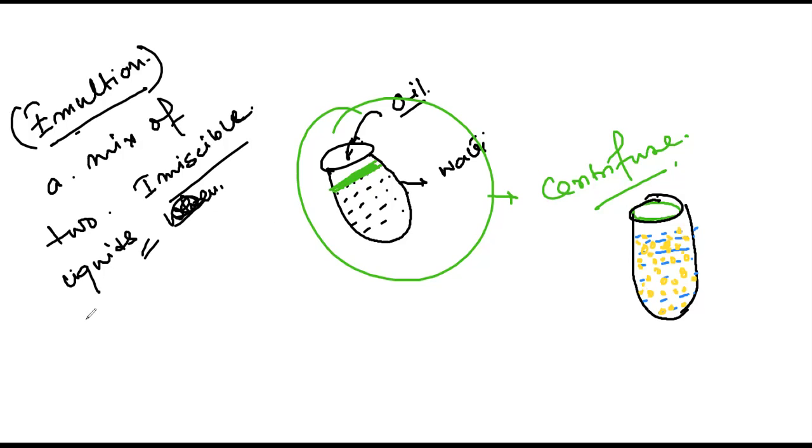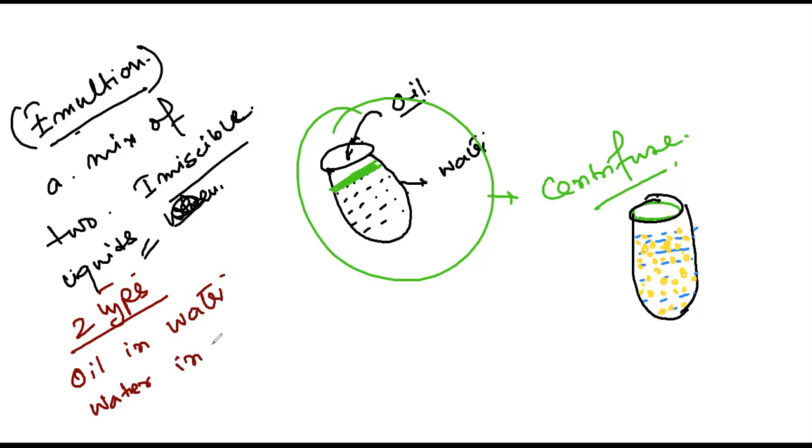Emulsions can be classified into two types. One is the oil in water type. Another is the water in oil type. Oil in water, water in oil: two types of emulsions are formed. I'm giving you some examples here.